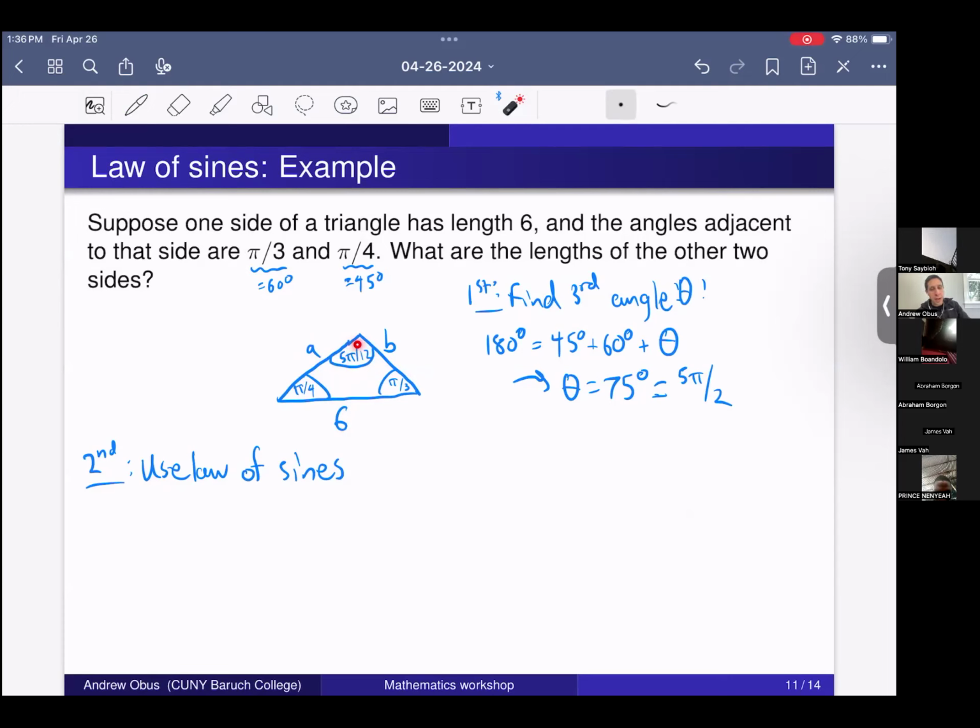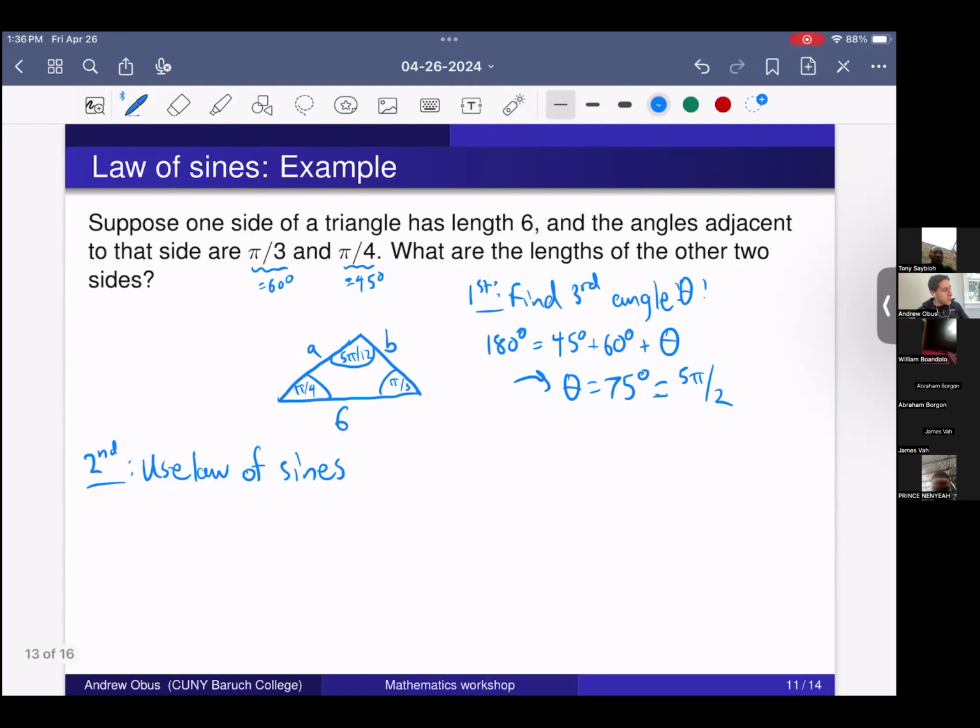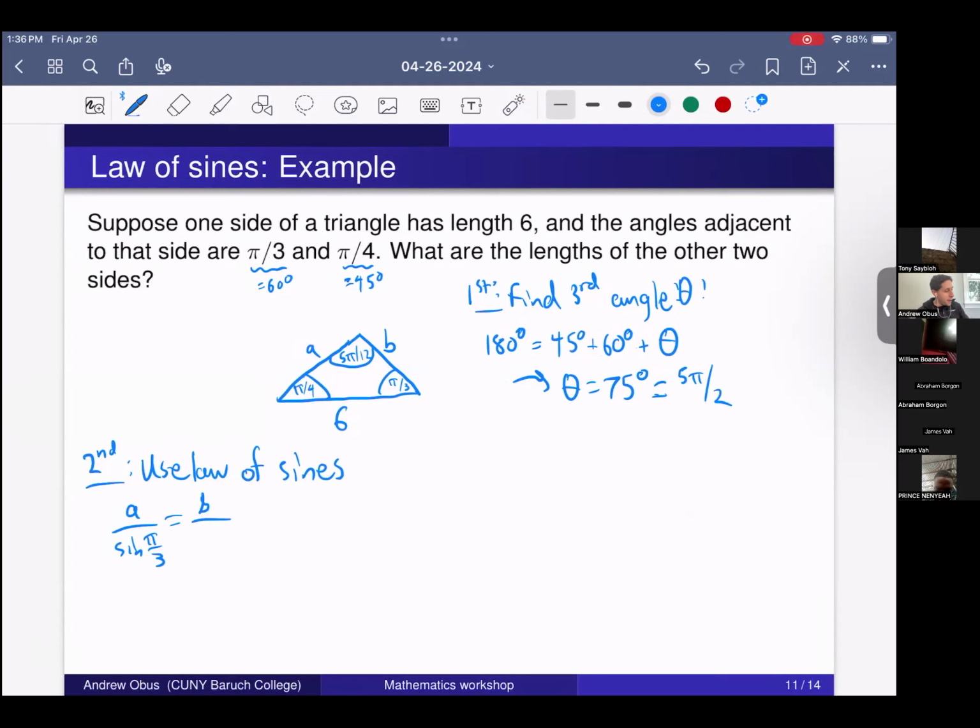We won't use the addition formulas here; we're just going to use a calculator to make the computation easier. The law of sines tells us that A divided by sine of pi over 3 is equal to B divided by sine of pi over 4, and that's equal to 6 divided by sine of 5 pi over 12.